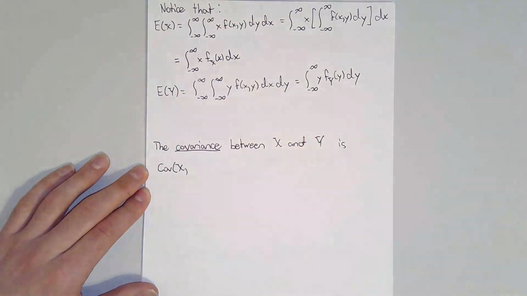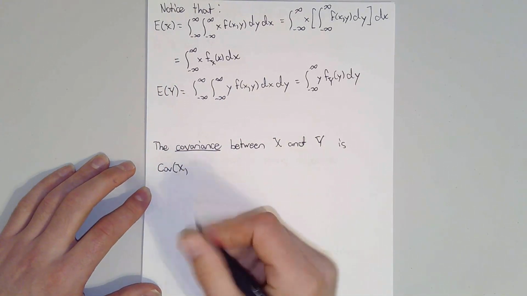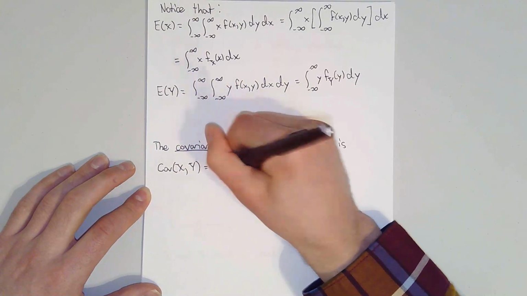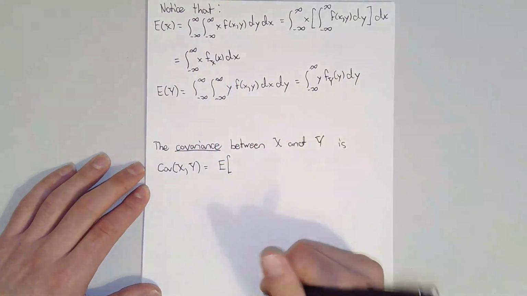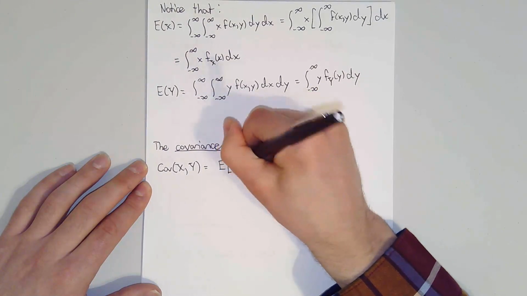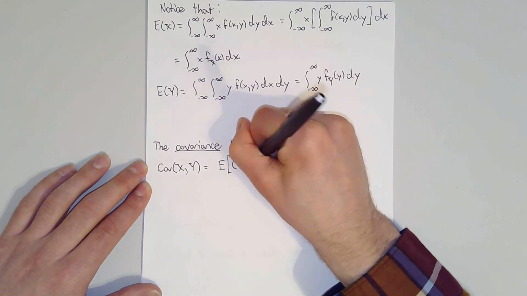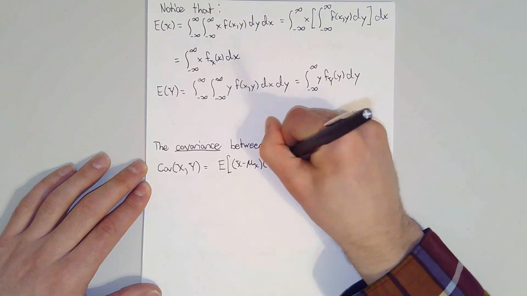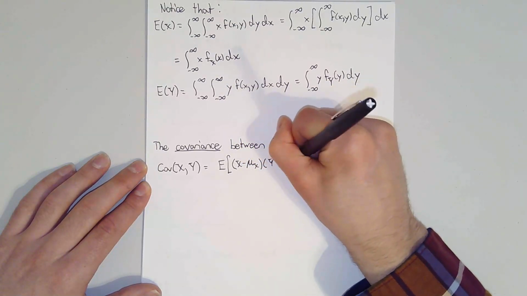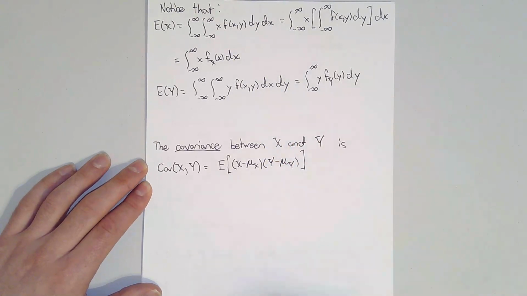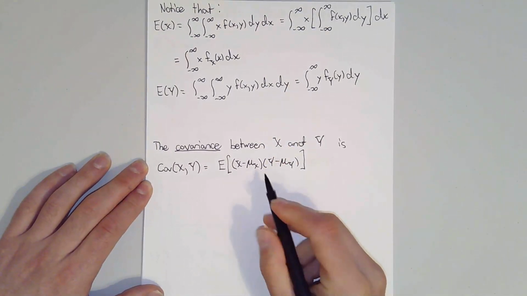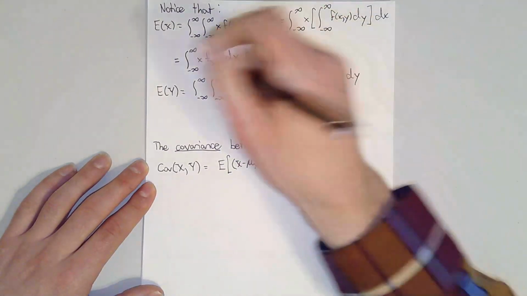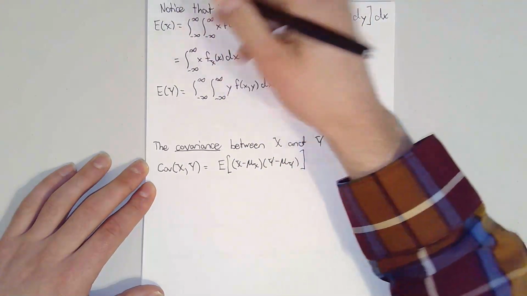We denote that by COV with a capital C, so covariance of capital X comma Y is equal to the expectation of the following function of capital X and capital Y. So to emphasize here, or remind ourselves, mu sub x is the expectation of the random variable x.